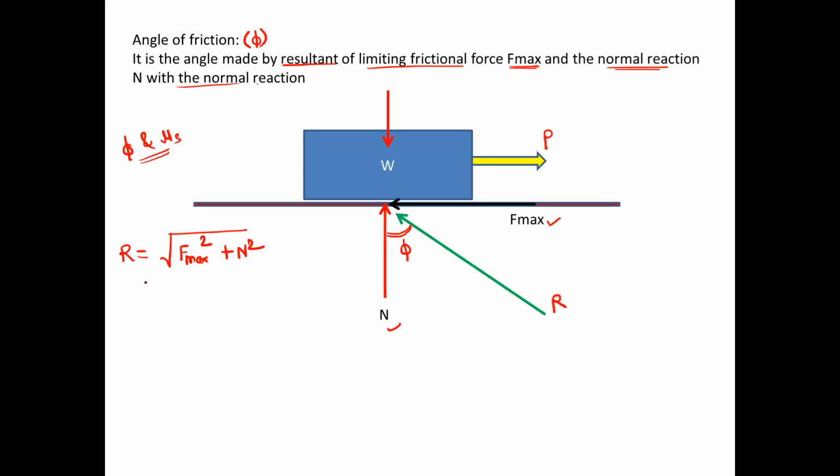So what is F max? F max is nothing but the coefficient of static friction into normal reaction. And from this geometry, we can find out the phi value.